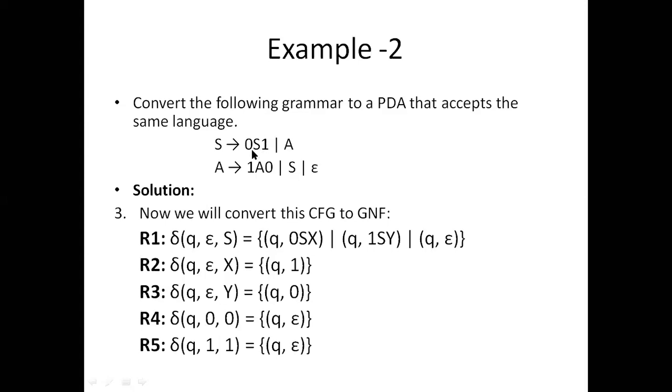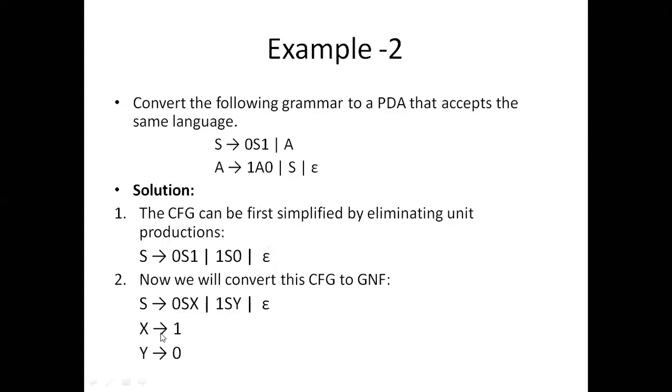So for this, we had rewritten this by replacing this one with capital X. We created another non-terminal, a capital X here, and then we added one additional production rule. Capital X produces 1. So we replaced this one with capital X, and then we had to add another rule to bring it to a GNF form.